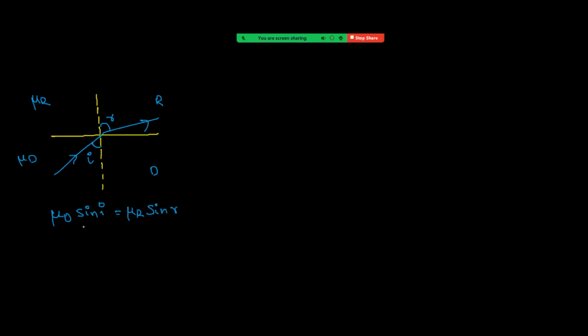Now observe carefully. Mu denser and mu rarer, both are constants. If the angle of incidence is increased, the angle of refraction also increases.